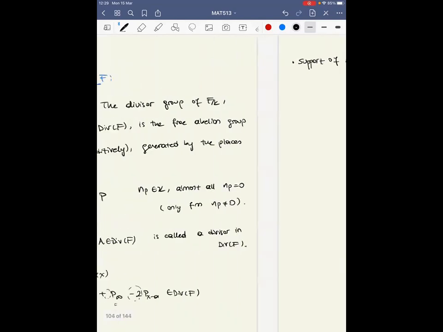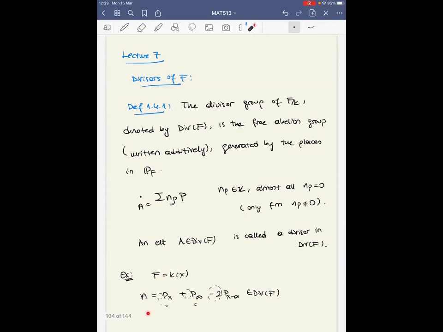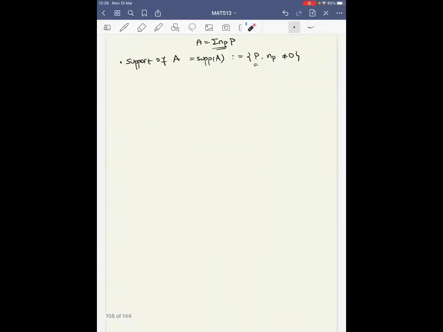For instance, the support of the divisor in the first example will be a finite set containing the places P_x, P_infinity, and P_{x-a}.